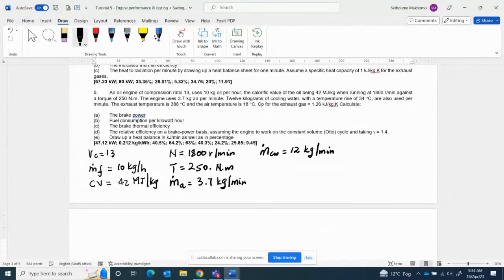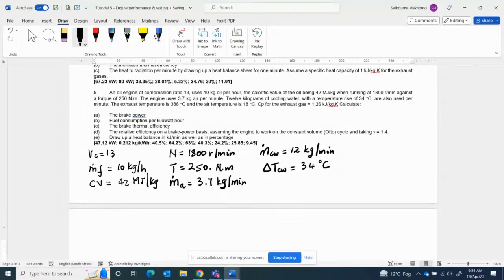And the temperature rise is 34 degrees Celsius. What is the temperature rise? Cooling water, let's say it enters at 15, leaves at 50, the difference is 34. So delta T is 34 degrees Celsius. That is for cooling water, delta T. Okay, that is 12 kg per minute.